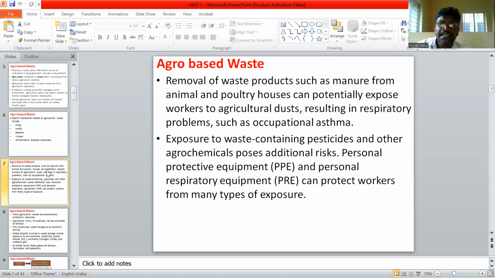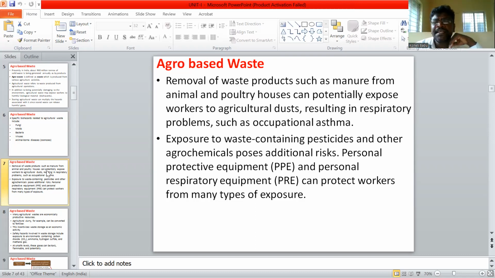We use chemical fertilizers for agriculture purposes, and that can also give additional risk, as chemical gases will be produced, mixing with the air. This also poses additional risk to the person.